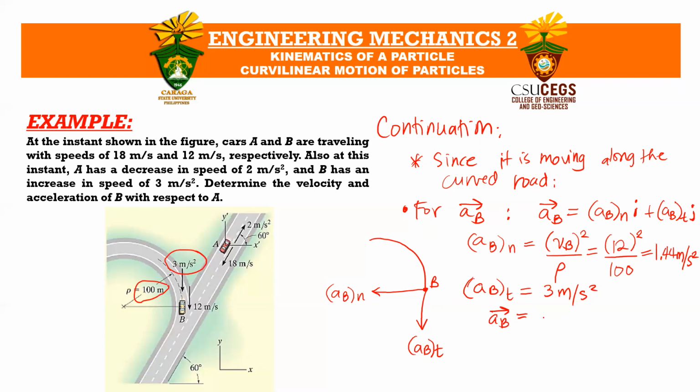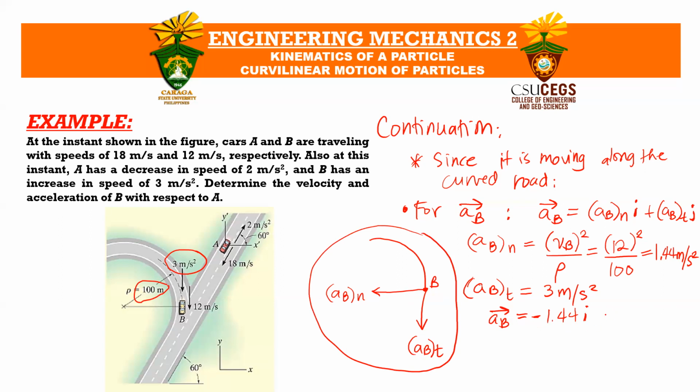So that would be equal to negative 1.44 i. The normal component is 1.44, and the sign is negative since, based on our figure, it is acting toward the left side.